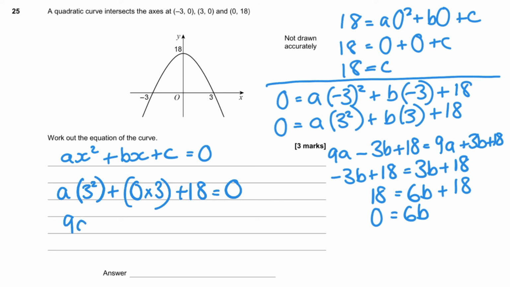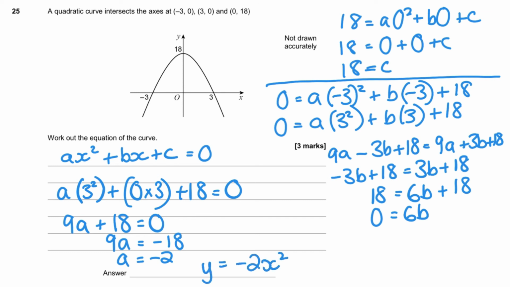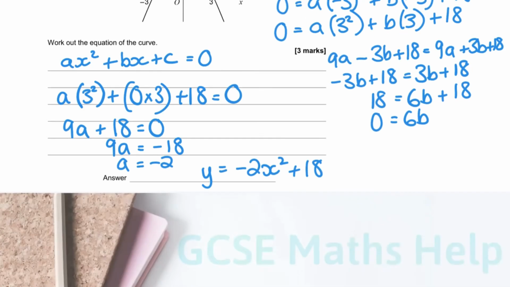So we've got 9a plus 0 plus 18 is equal to 0. So if we minus 18 from both sides, we've got 9a is equal to minus 18, so a is equal to minus 2. So now we can write our equation. We've got y is equal to minus 2x squared plus 18.